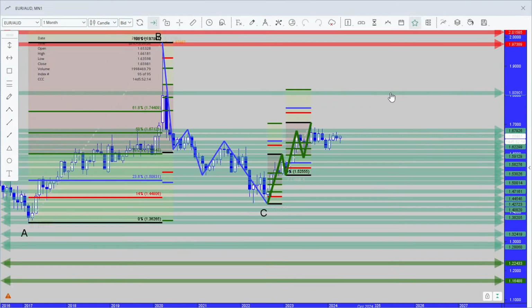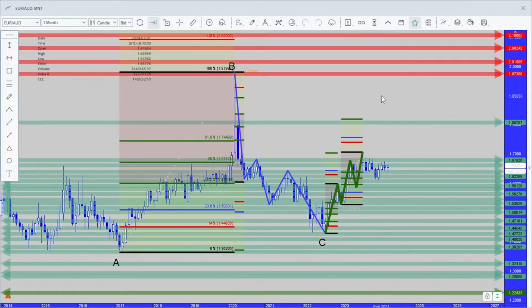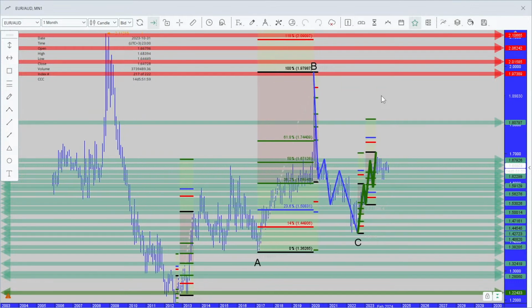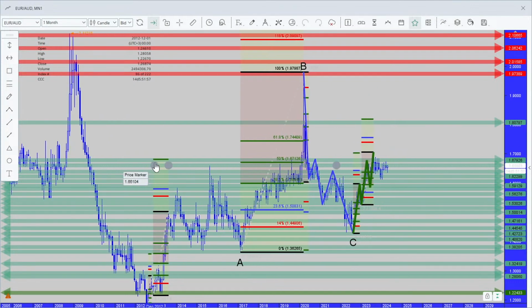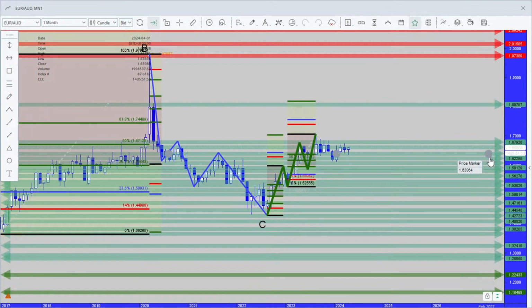Right, everybody? So if this is the Euro AUD monthly chart, and I'm not sure if I should have more pivot points in between. I believe I do anyway.